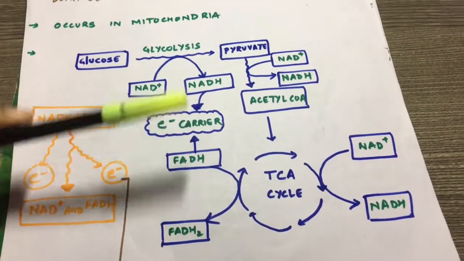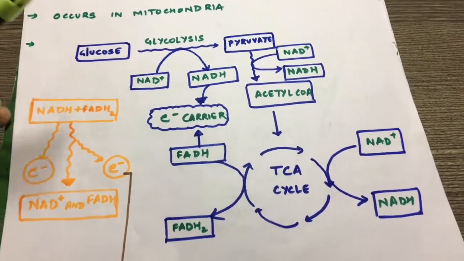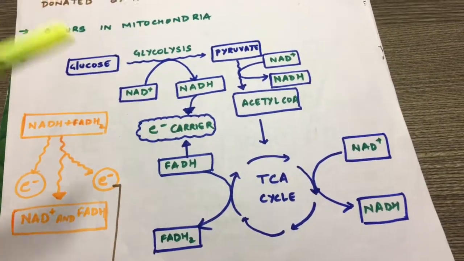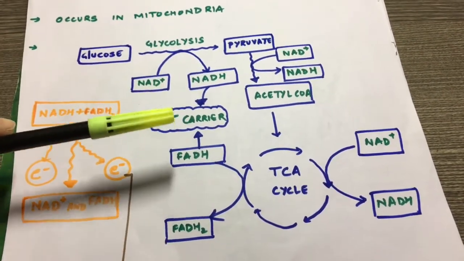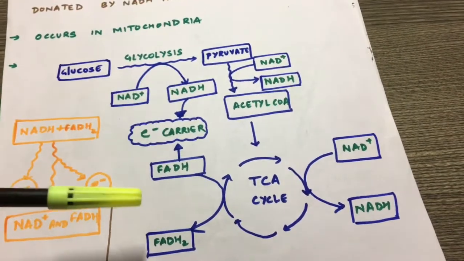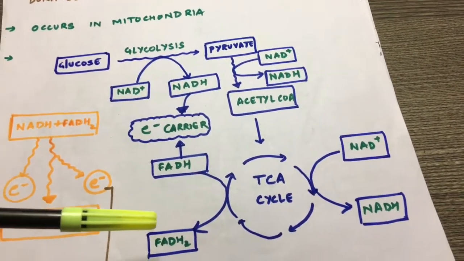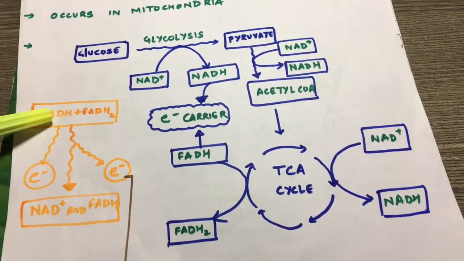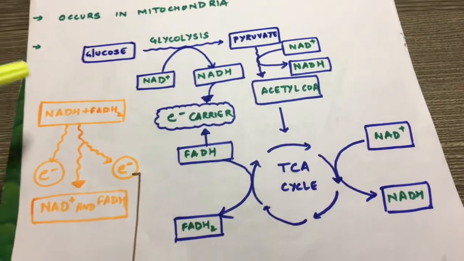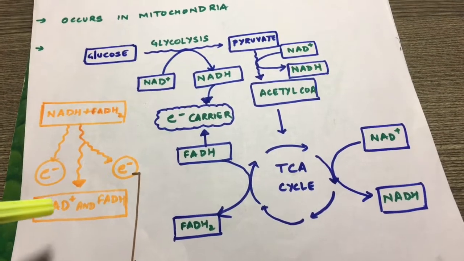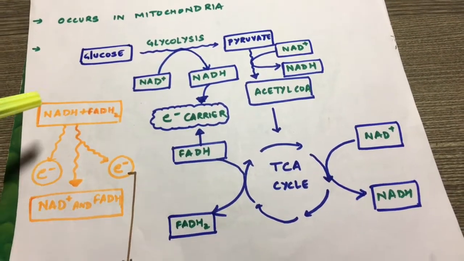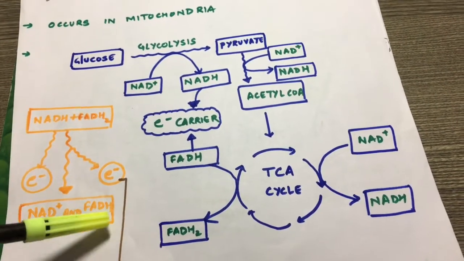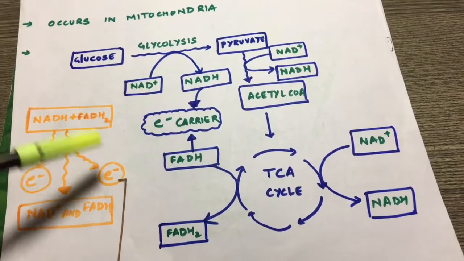So NADH and FADH2 are the electron carriers, and all the electrons that are released from the conversion process are stored in the form of NADH and FADH2. These NADH and FADH2 are taken inside the matrix where they are converted into NAD and FAD, and this conversion is by the release of the electrons.